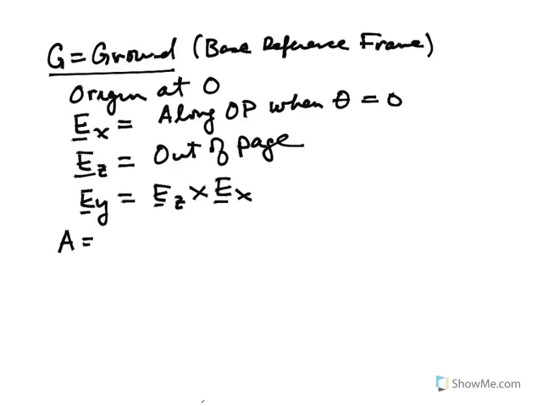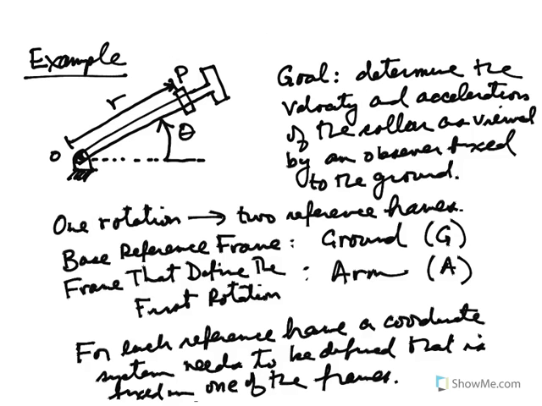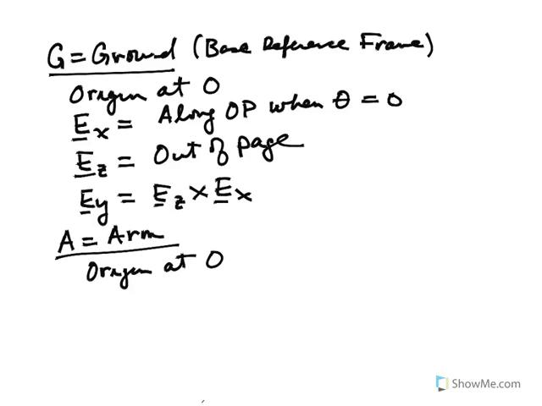The next frame is going to be the arm. And then I'm going to define the following coordinate system that's fixed to the arm. If you notice that the direction OP is along the arm, so that's a natural direction to pick for a basis vector. So we're going to put ER along OP.